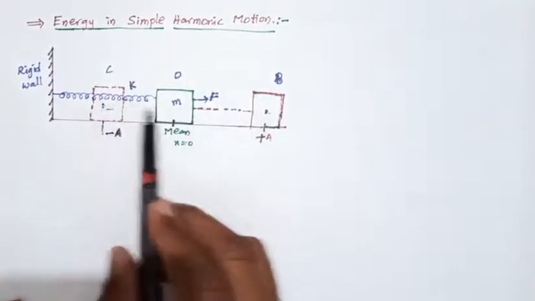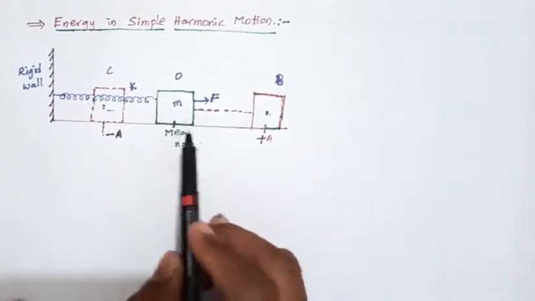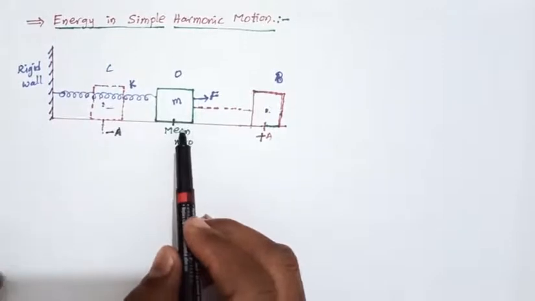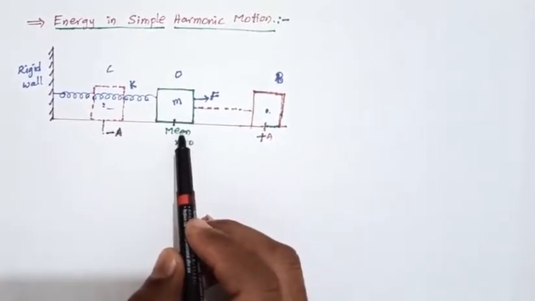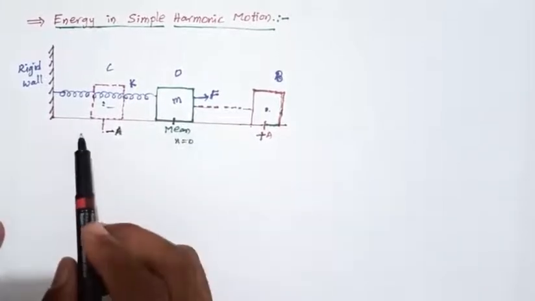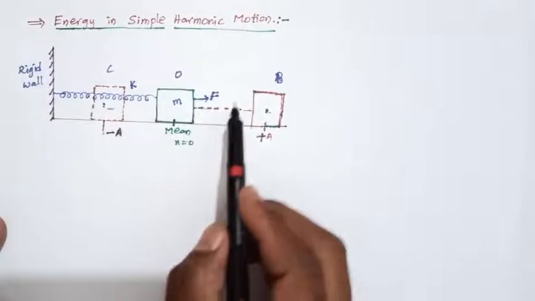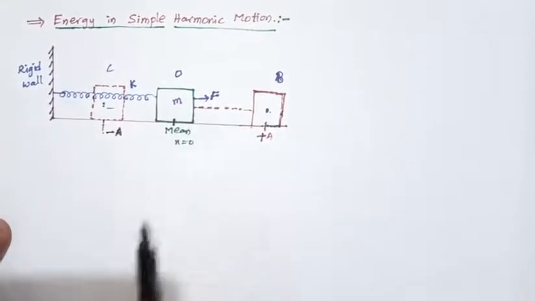At the extreme position the kinetic energy is zero, and at the mean position the kinetic energy is maximum. So we can find the kinetic energy, the potential energy, and the total energy of the simple harmonic motion of a body.